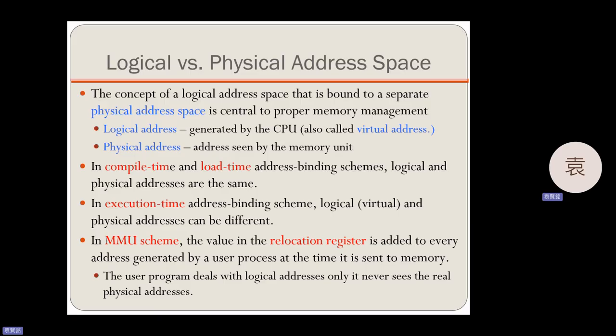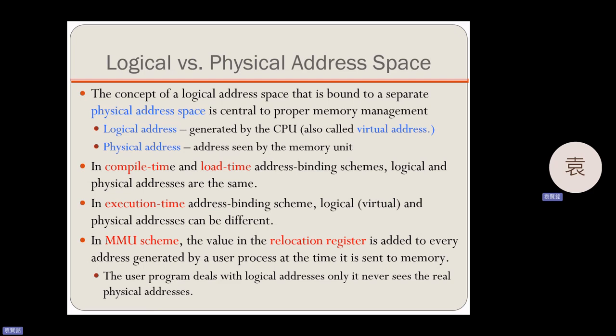The logical address generated by the CPU is sometimes called the virtual address. The physical address is the address seen by the memory unit, and this translation can be done by a special memory management unit.